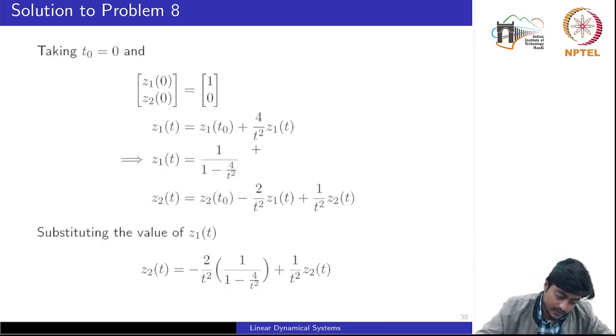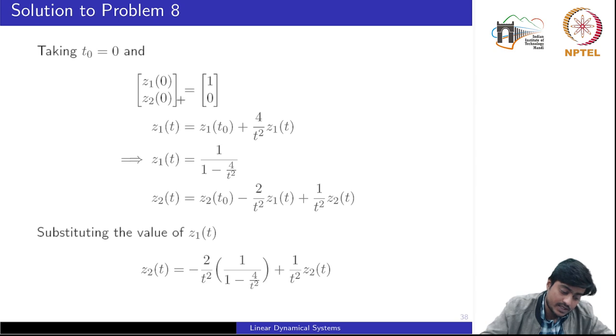Okay, the solution for z1 is given by this one, and the solution for z2 is given by this one. Now these two solutions are specific to this initial condition. If you recall the computation of the fundamental matrix, we need at least two vectors which are linearly independent, so that once you compute the fundamental matrix, it is non-singular.